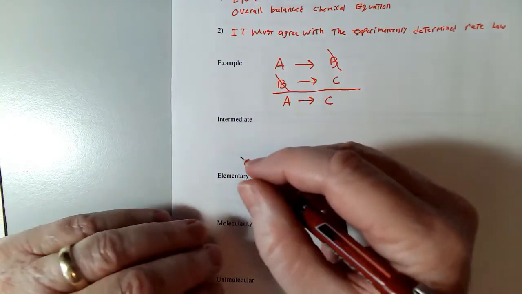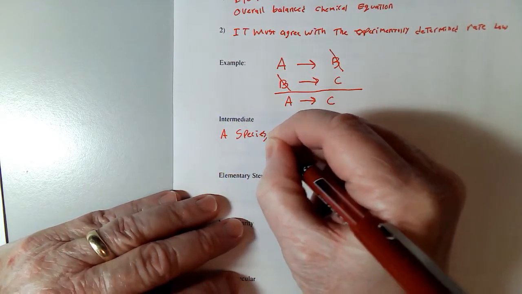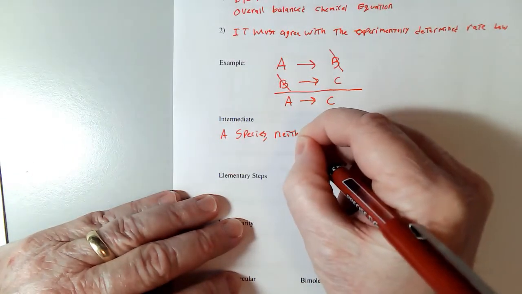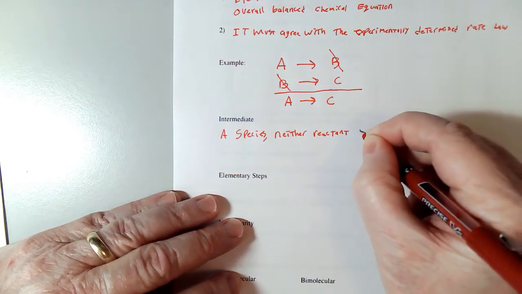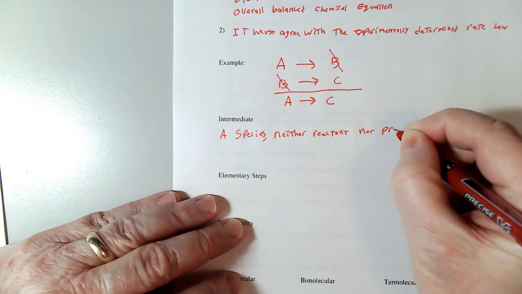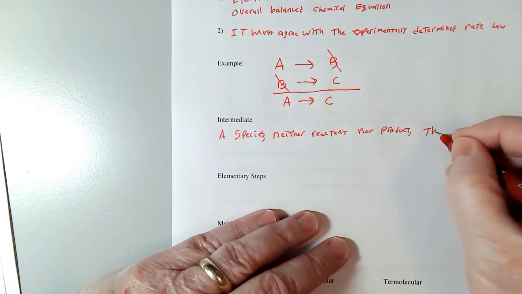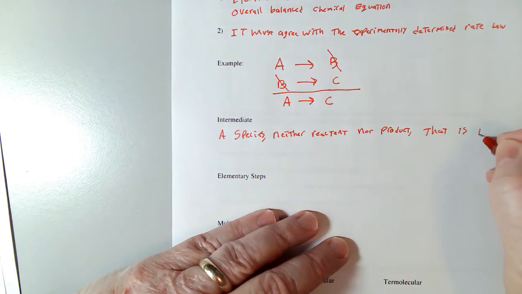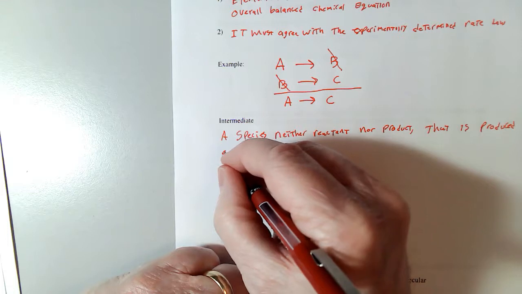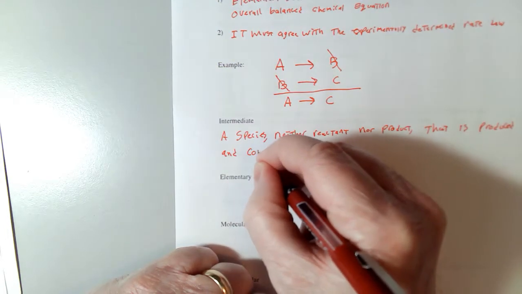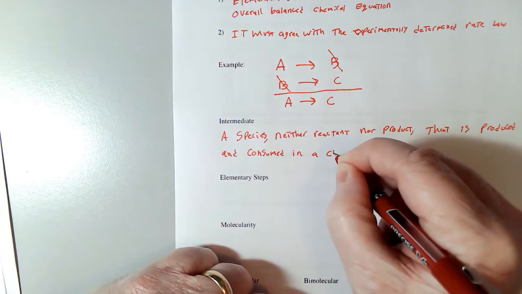B is an intermediate, a species neither reactant nor product that is produced and consumed in a chemical reaction.